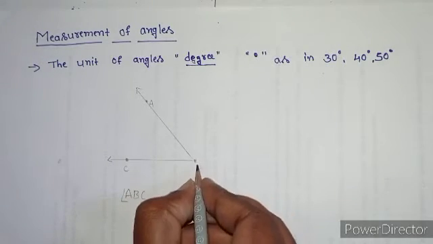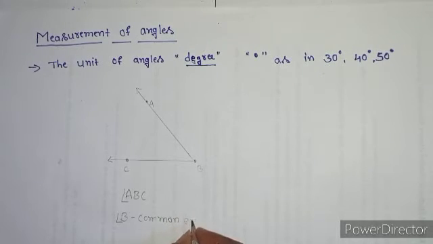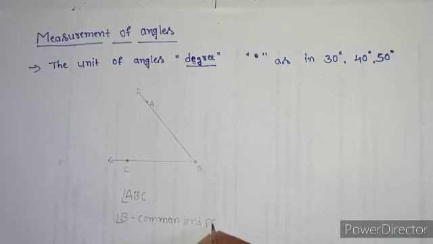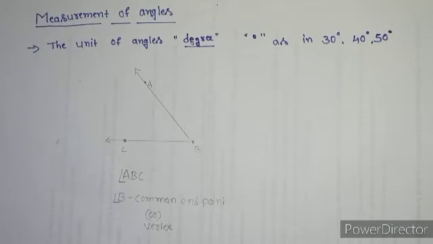B is the vertex point or common endpoint.